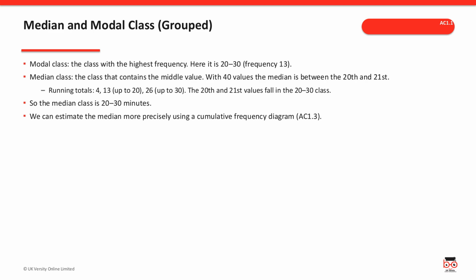Building running totals gives 4, then 13, up to 20 minutes, then 26, up to 30. Both the 20th and 21st values land inside that 20 to 30 class, so that's our median class too. To pin the median down more precisely, we'd use a cumulative frequency diagram, which is coming up later.